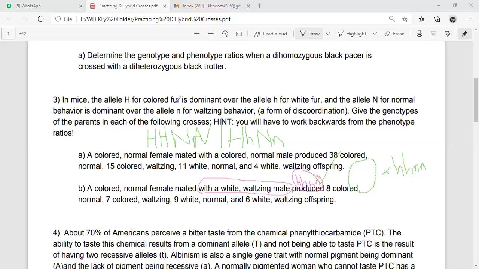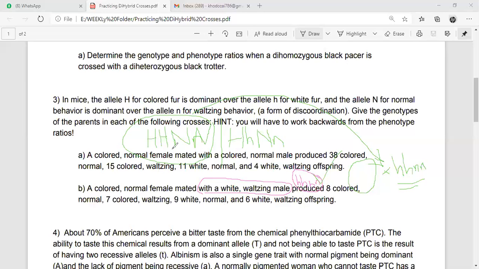So we are totally unaware of that. So if we cross this with this, what will happen? If we cross a homozygous dominant parent with a homozygous recessive parent, all the kids must be colored and normal. This is the most important thing.